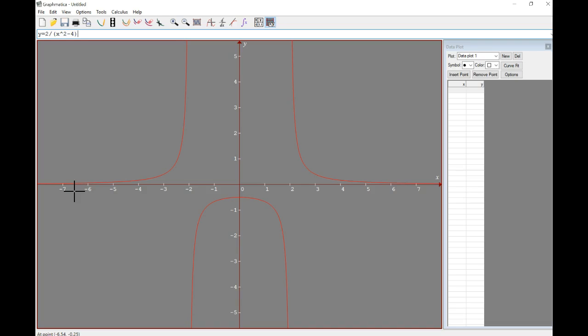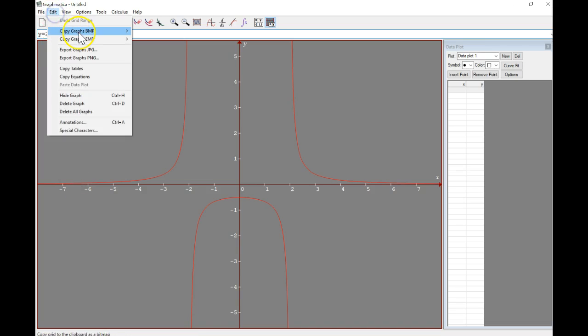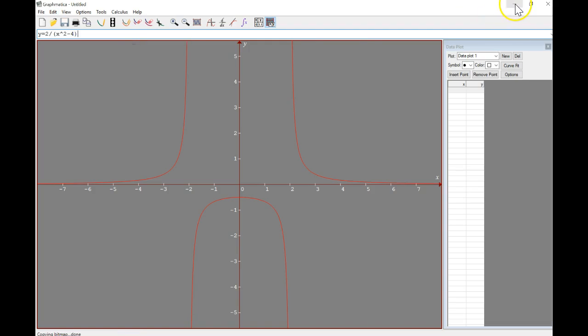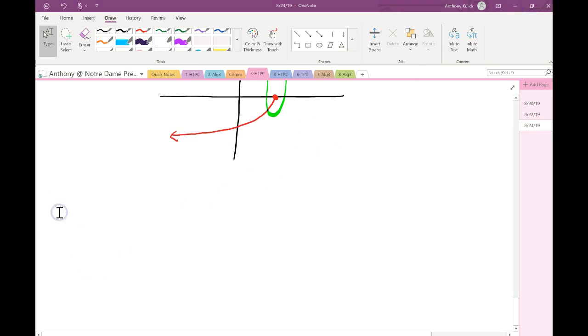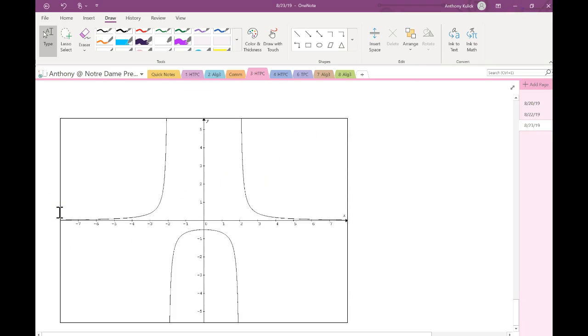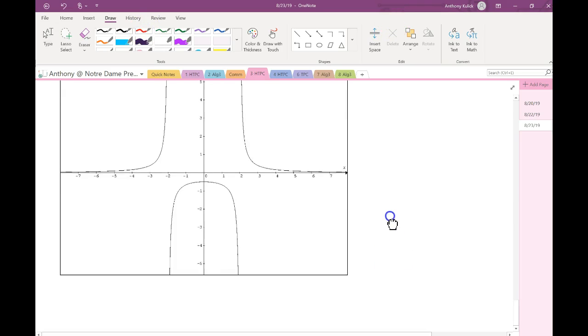what do we see? Some weird things going on. Valerie? There's an asymptote at 2 and negative 2, or you could say there's infinite discontinuity at 2 and negative 2. If you wanted to talk about this in terms of continuity, we could talk about where the graph is continuous.